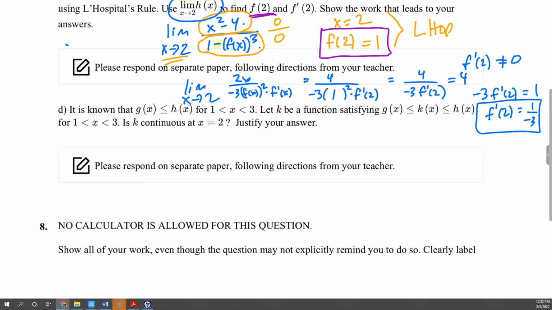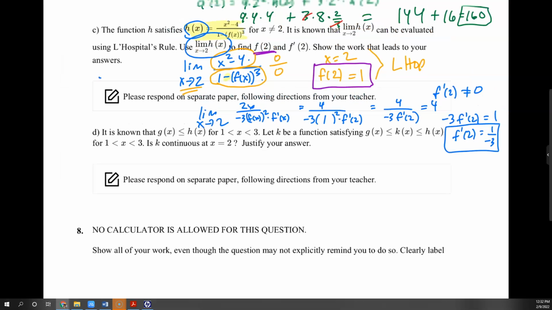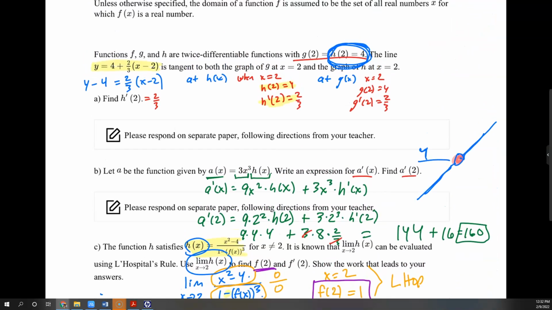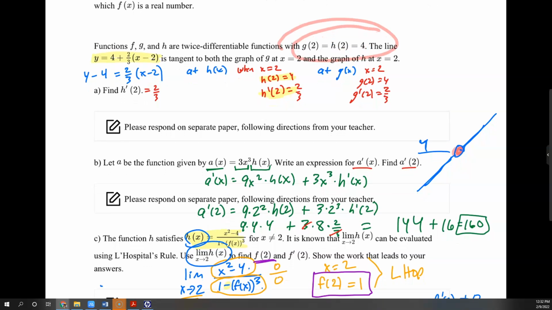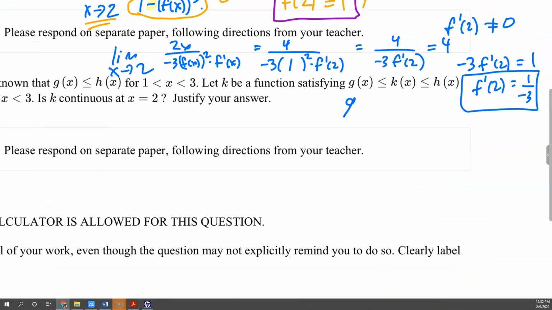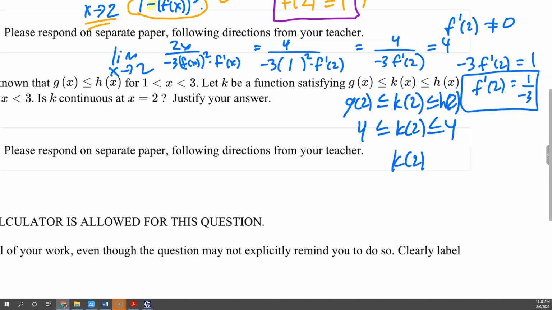If G is some function, here's H, G. So way back up here, if G of 2 and H of 2 are both 4, then G of 2 would have to be less than or equal to K of 2, which would have to be less than or equal to H of 2, which is 4. So it has to be 4.